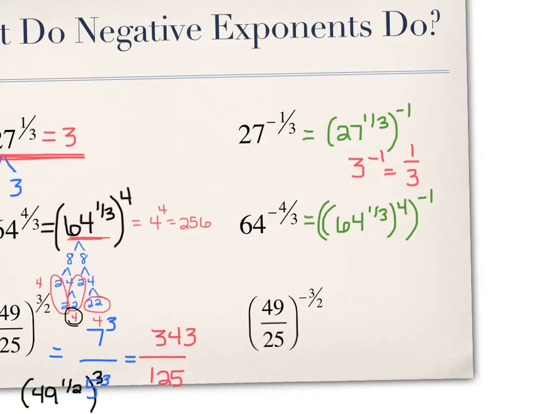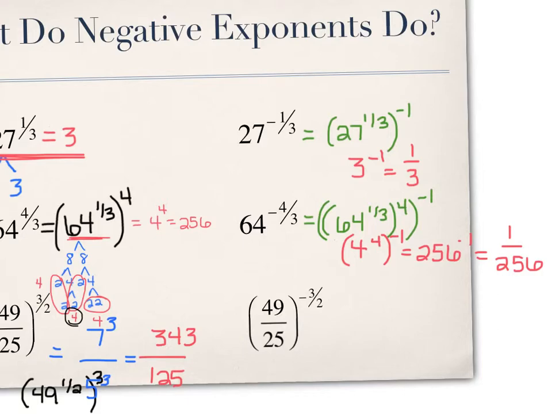Back here we figured out that 64 to the 1/3 was equal to 4. So I'm going to say 4 to the power of 4 to the power of -1. Well, 4 to the 4th is 256 to the power of -1. And so my final answer would be 1/256. Again, looking at the difference between this answer and this answer, the only thing that you're doing differently now is flipping your answer at the end.